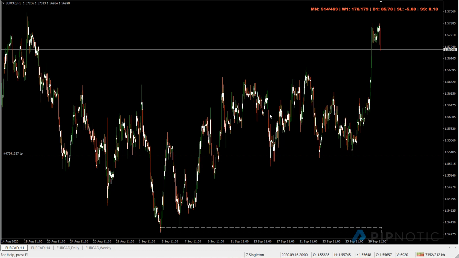You do this by looking for price windows where price has not yet been, or price windows where price has been and we had a nice, very rapid distribution of liquidity at that price window.